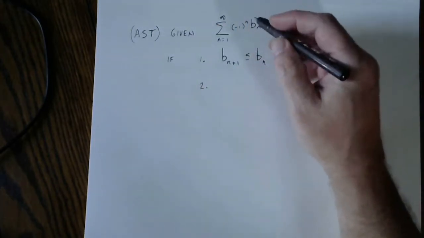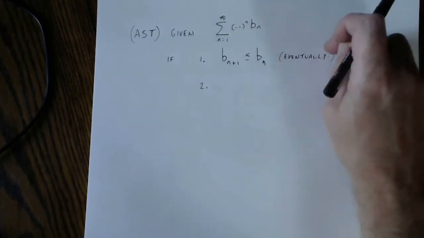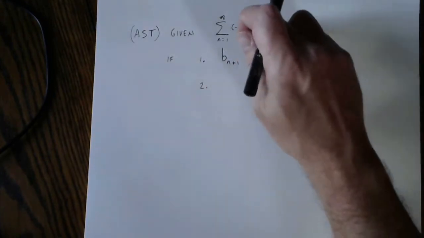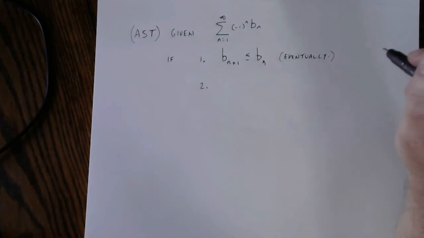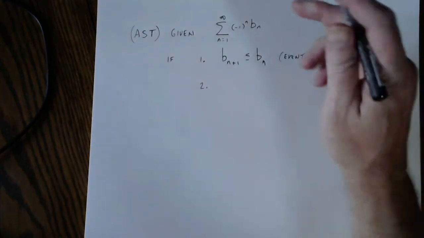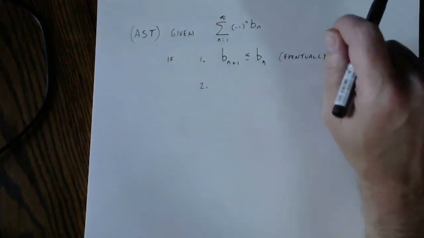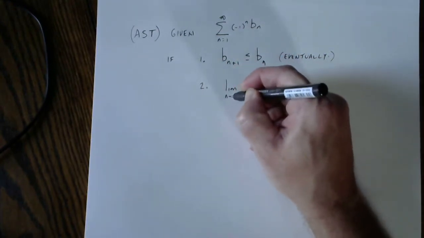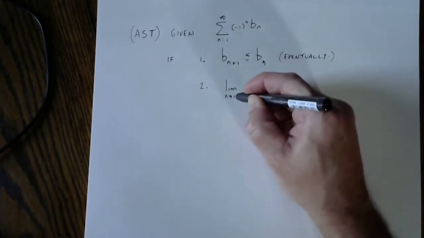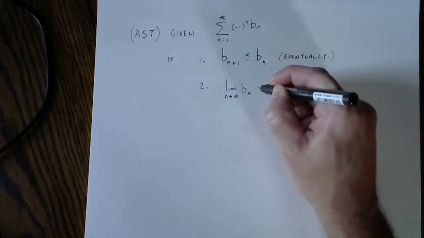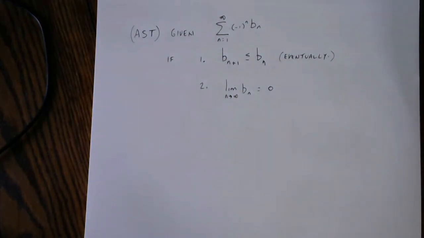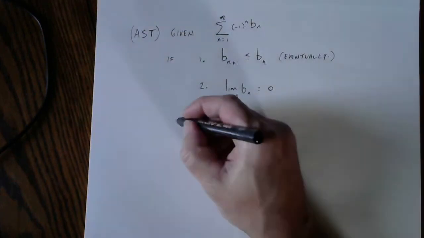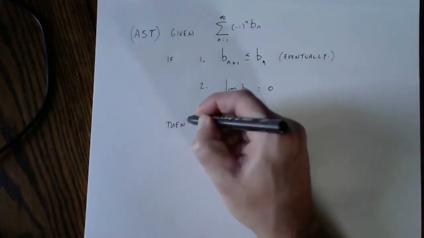It's just what's generating the numbers. I'm glad I put that. I should have put that first. So if these numerical values are eventually decreasing, and number 2, if those numerical values go to 0, then the series converges.